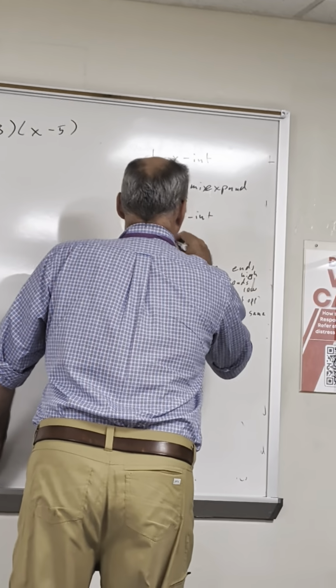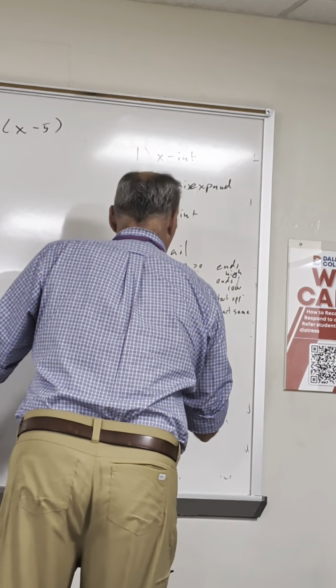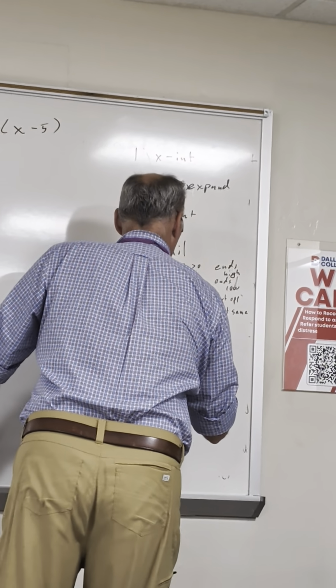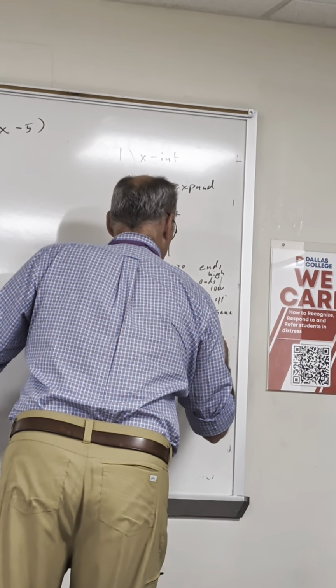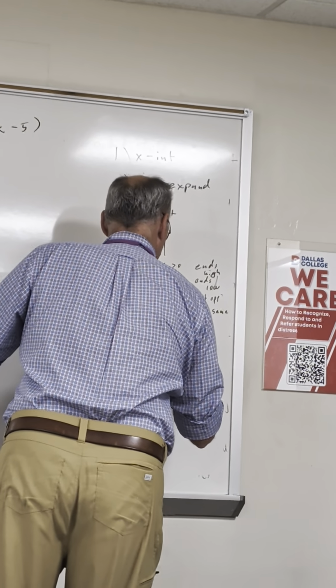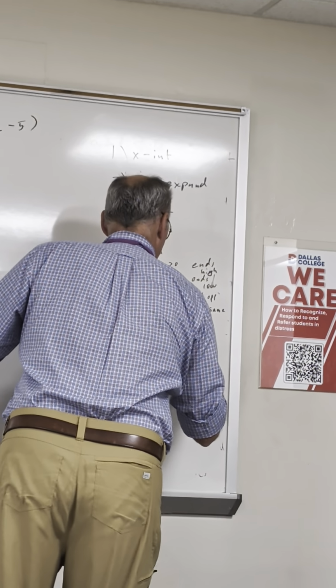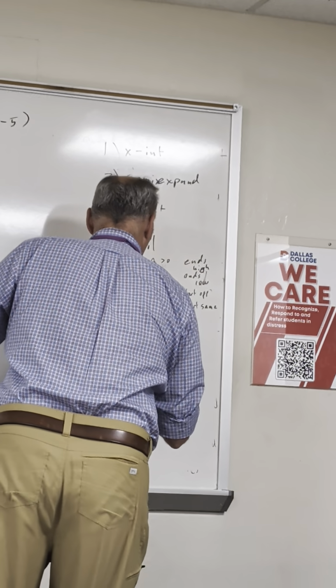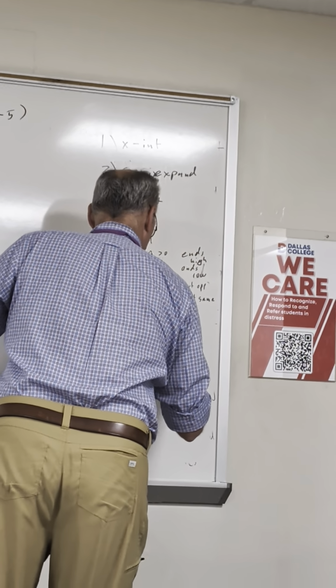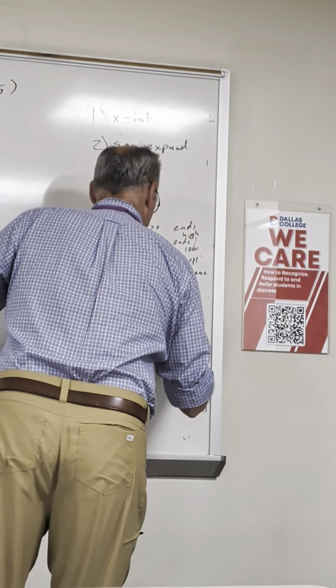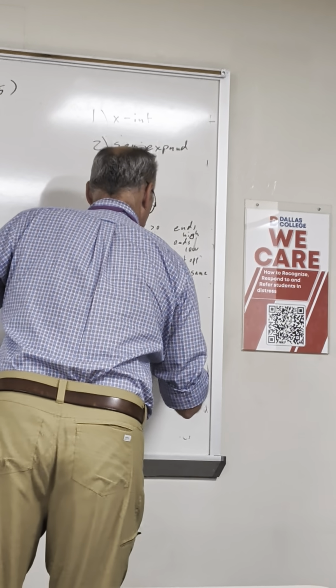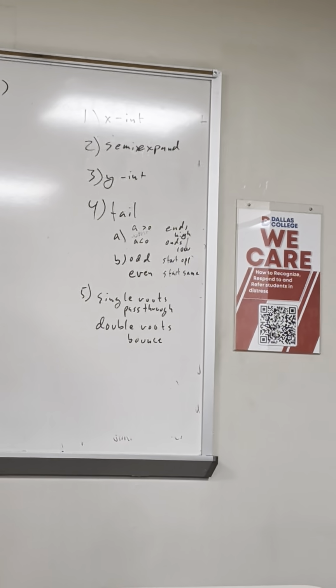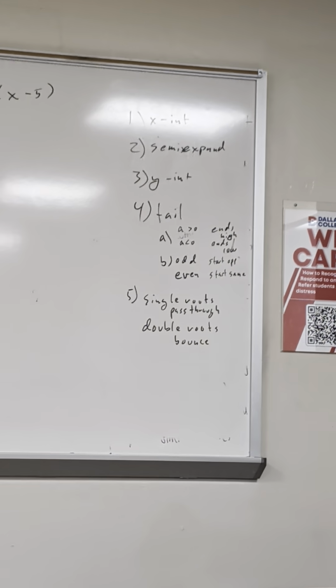5. Single roots pass through. Double roots bounce. And this is actually where I draw the thing.